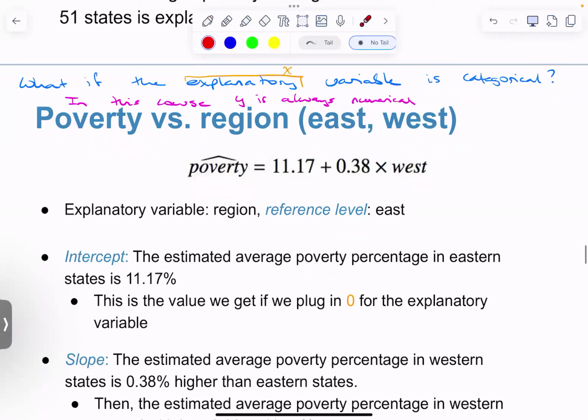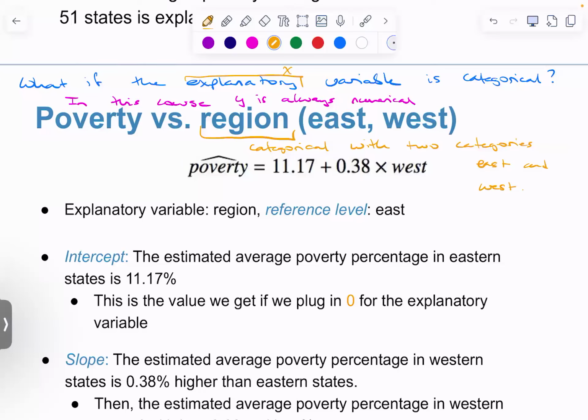So what if we want to talk about the percentage in poverty versus two regions? The region is categorical, with two categories, East and West, of some state, I assume, or maybe the United States. I don't know.